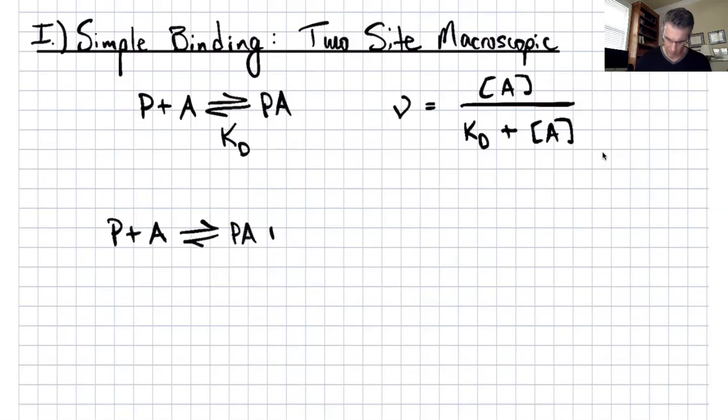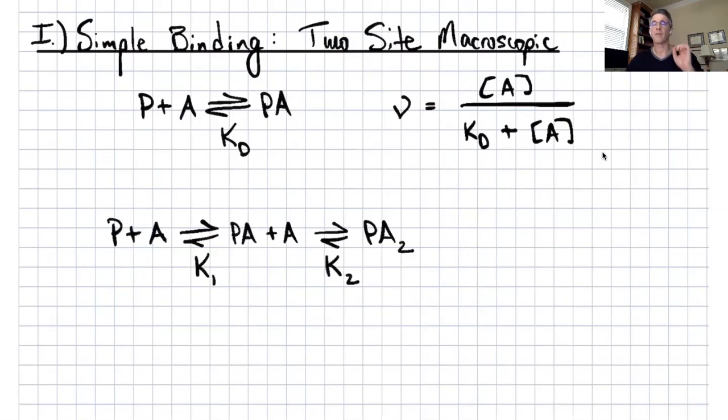What if it combined another mole of A to form, say, a complex PA sub 2? Well, I could say I've got two different dissociation constants here. We'll call this one K sub 1, this one K sub 2. And remember, we're thinking about these as dissociation constants.